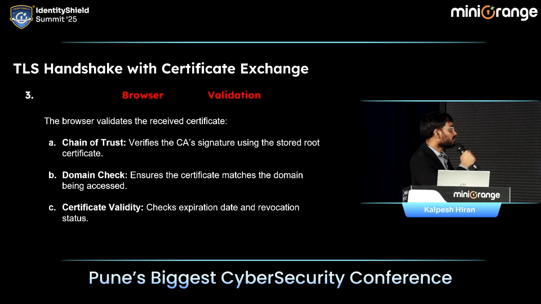Now the browser verification begins. The browser validates the received certificate. The first thing is the chain of trust. The signature which we talked about, the signature which was stored inside the public certificate, the browser now verifies.